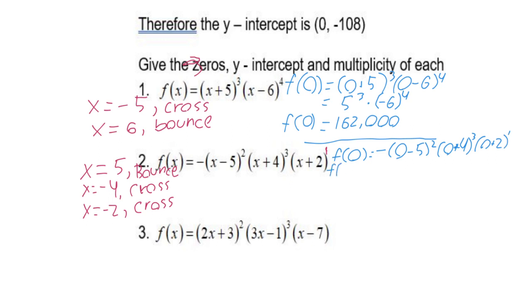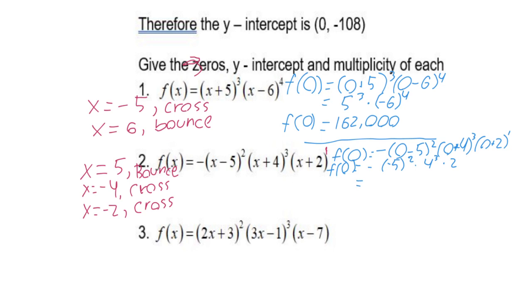Simplify. F of 0 is equal to negative of negative 5 squared times 4 cubed times 2.